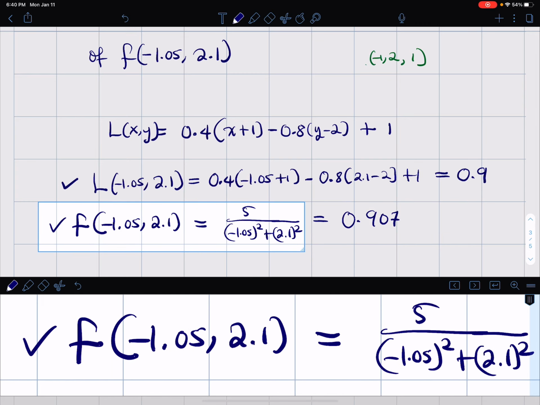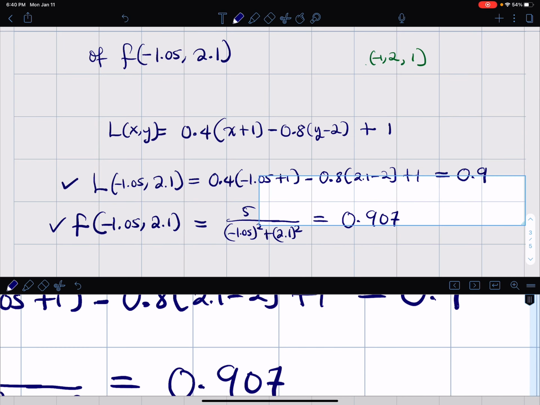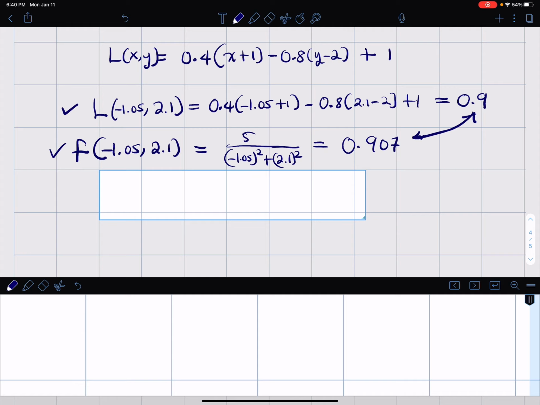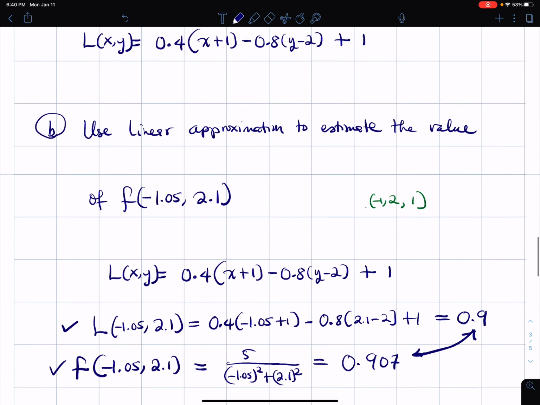So they're close. This is telling us that this function, 5 over x squared plus y squared, can be approximated using the tangent plane at that given point, -1, 2, 1. Okay.